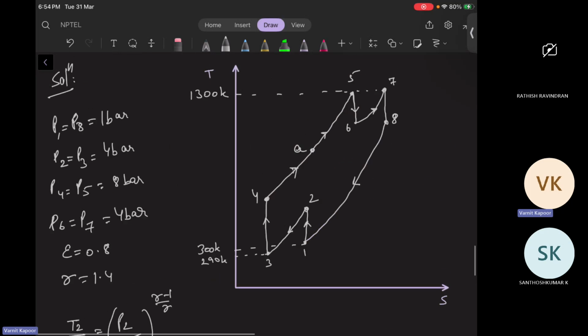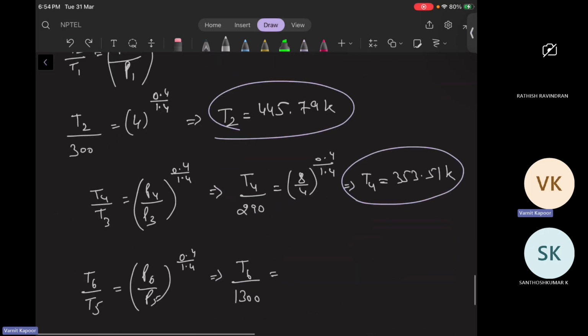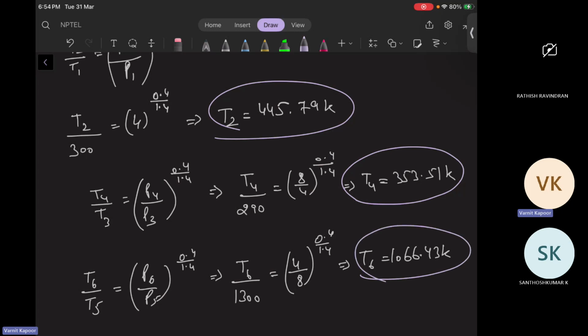P6 by P5: P6 is 4 and P5 is 8, to the power of 0.4 by 1.4. So T6 will come out to be 1066.43 Kelvin. So you got T6 also.